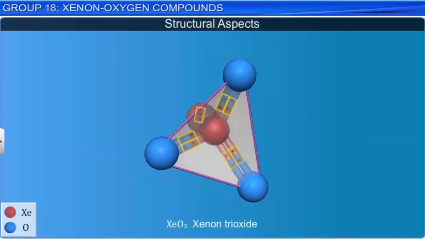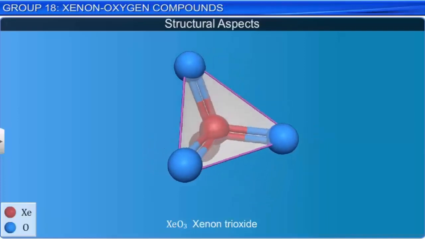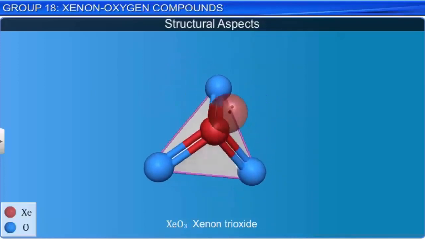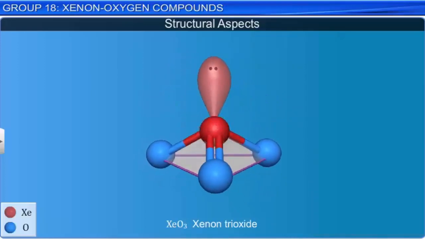Of these, 6 are bond pairs and 1 is a lone pair. Note that there are 3 d-pi-p-pi bonds in the molecule. The structure of xenon trioxide is pyramidal, owing to the presence of a lone pair of electrons on the central xenon atom, as shown here.